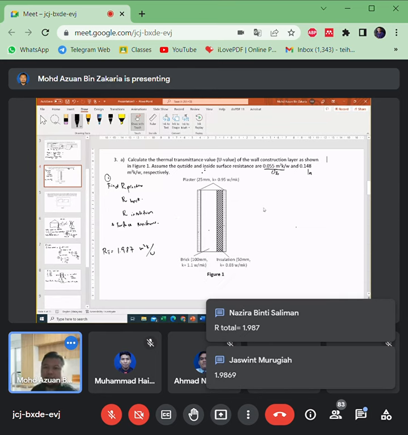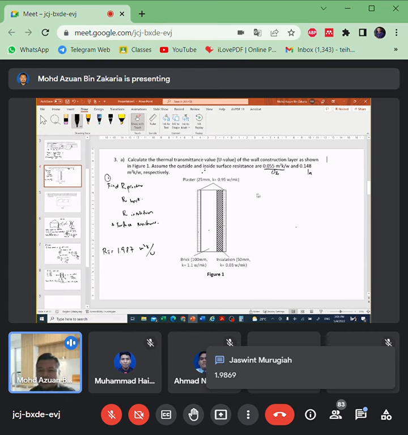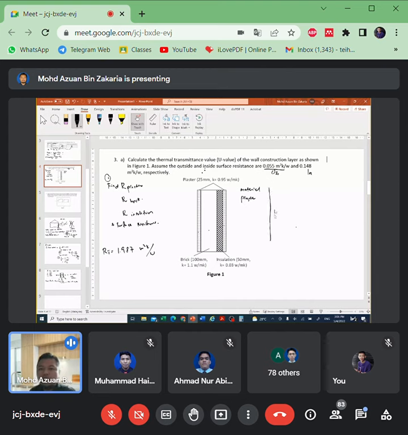So let's see. Let me make a table, easier to calculate. Material: plaster. Thickness D is 0.025 meter. K value is 0.95.